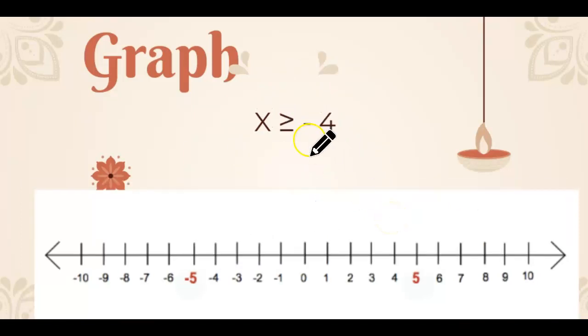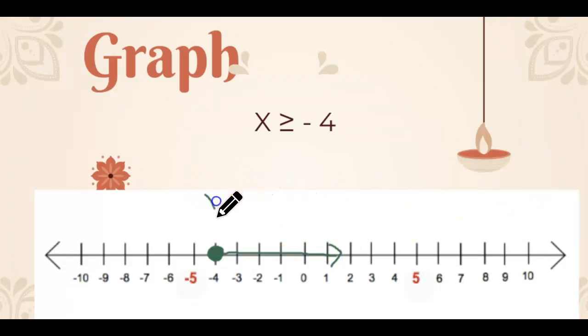Alright, example number 3. X should be greater than or equal to -4. So I go to -4. And it says greater than or equal to, so I have to close this -4. It's a closed dot. And then it says it should be greater, right? So the numbers greater than -4 are here, and you could go all the way if you want to do your graph.